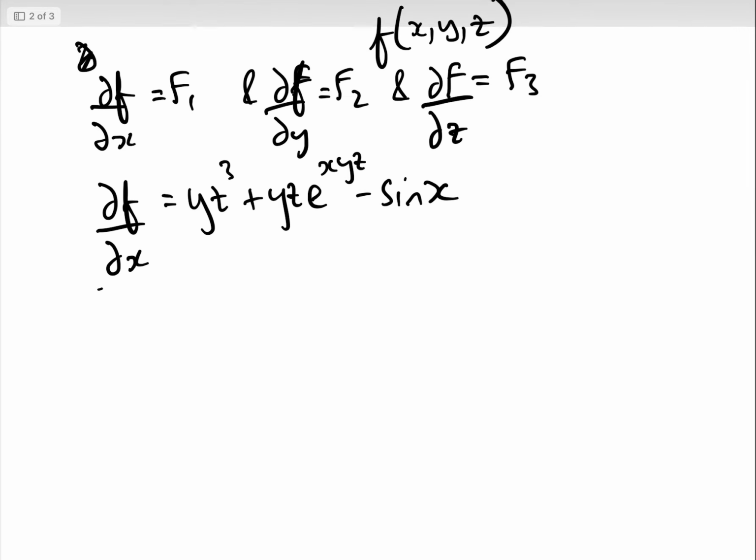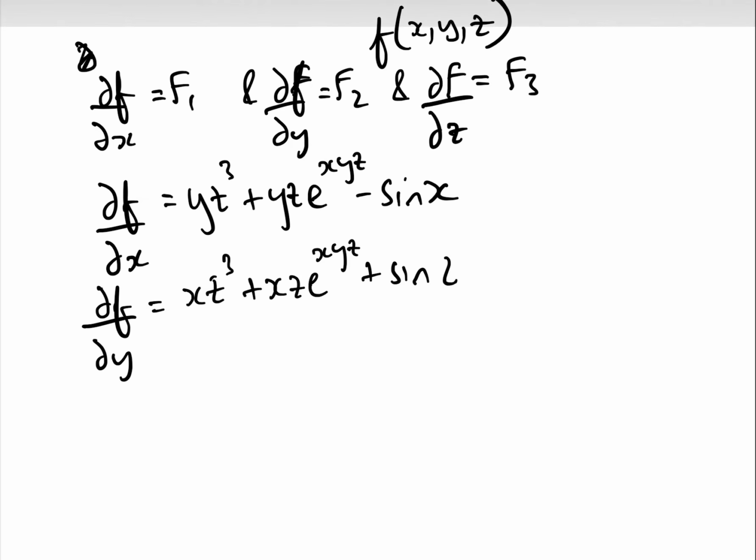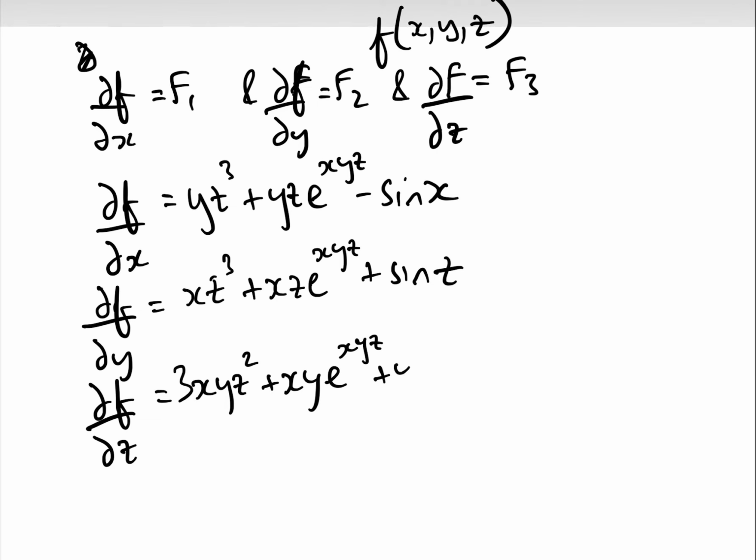So therefore we also have df/dy, partial derivative with respect to y, is xz cubed add xz e to the xyz add sine z, and then we have df/dz is equal to 3xyz squared add xy e to the xyz add y cos z add 2z.